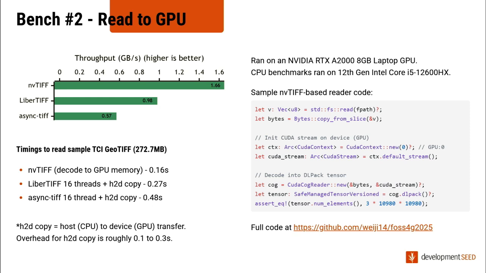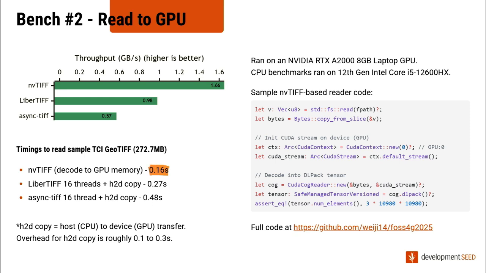Next, I'll cover reading to GPU memory. If you're using nvTIFF, it gives you about 1.66 gigabytes per second throughput, which is faster than the LIBERTIFF driver, which is again at about 1 gigabyte per second throughput.